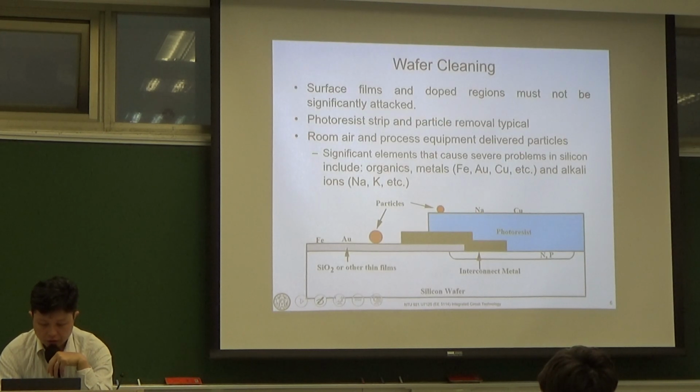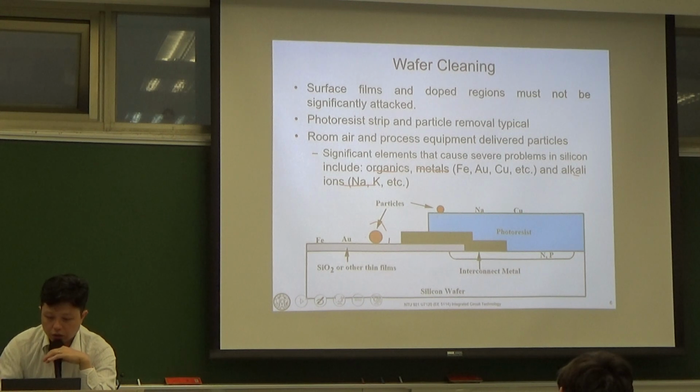So this is the particles. It can be on top of these films or on the photoresist. And during this photoresist strip, you can also remove some particles, some metals or alkali ions or some organics. Right?